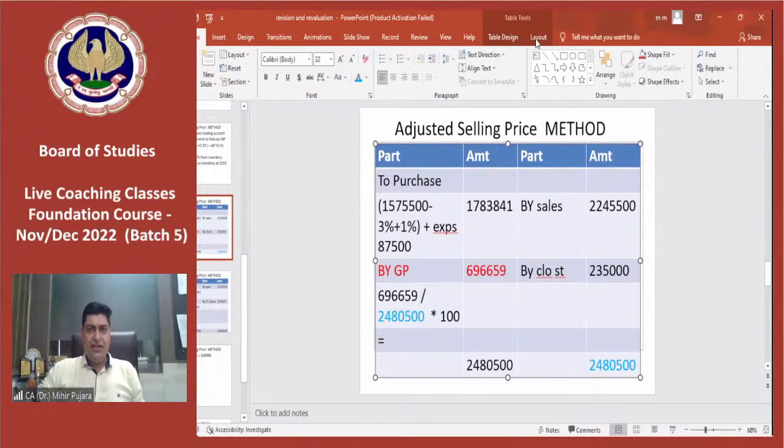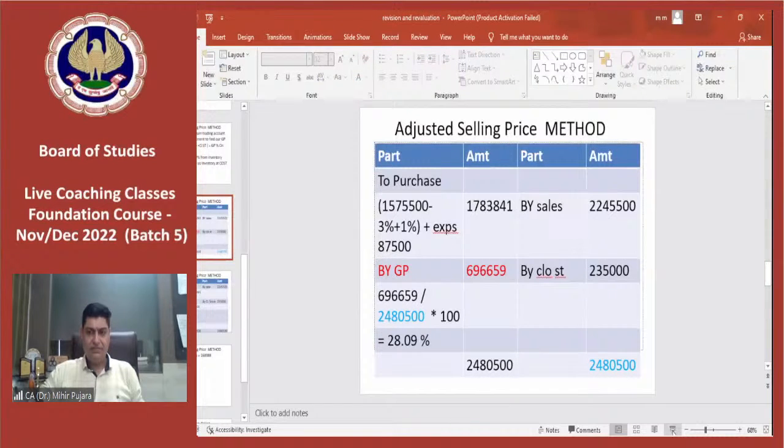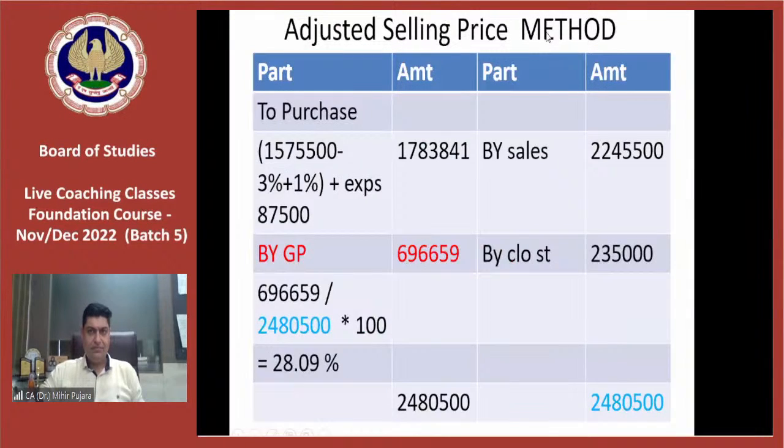So guys, how much GP percentage will it be? It will be 28.09. Got it, friend? Till this point, got it, guys? Yes? Till this point, it's okay?